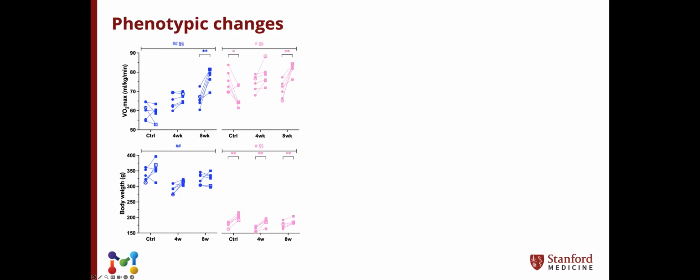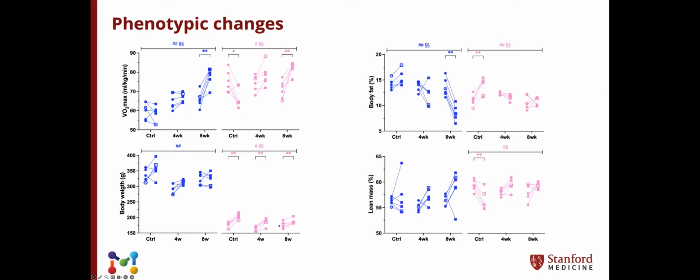For the body weight, there was no change in body weight for the males. However, the females did increase over the intervention in all 3 groups. We also did some body composition analyses. So here you can see the percent body fat.